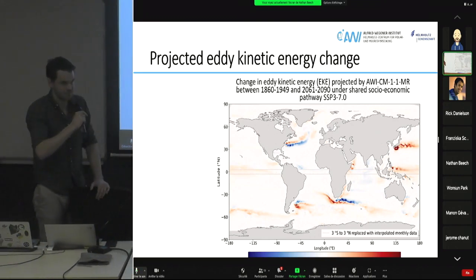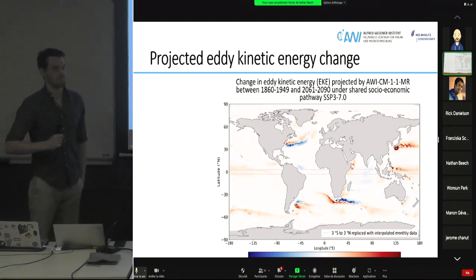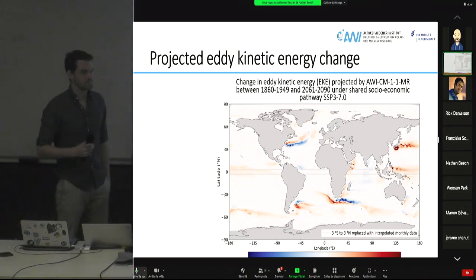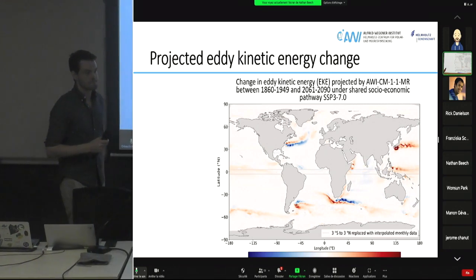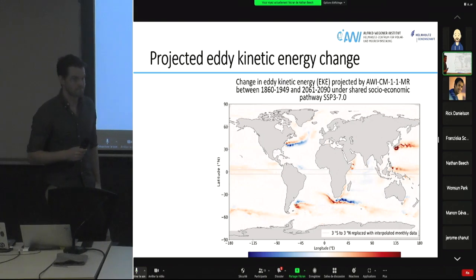Yeah, I suppose, just to follow up on that. One of the things we know at a quarter degree model is that you tend to get standing eddies, right? So I suppose a spatial filtering would show up those standing eddies a bit more than a temporal filtering. Yeah, absolutely.